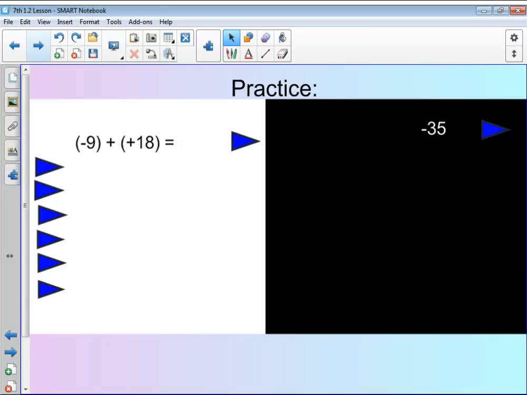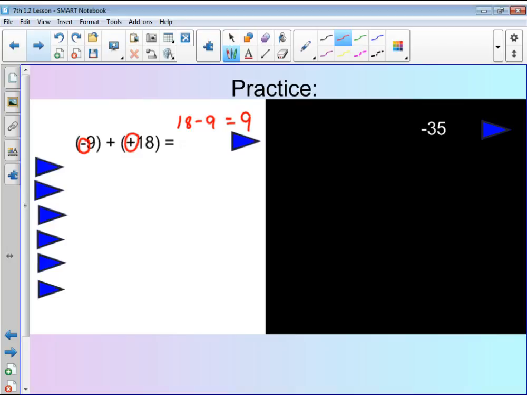Okay, so we're going to look at our symbols first. Negative and a positive. Those are different, right? Different symbols, find the difference. So in my head, I want to be thinking the larger digit, 18, although, yes, it's positive, but even if I had a negative sign in front of it, the digit 18 is bigger than 9. So I'm going to think 18, difference is subtract 9. So 18 minus 9 gives me 9.